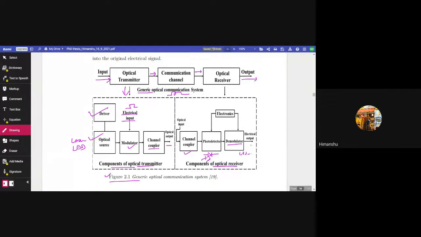Also, the accuracy of the decision circuit depends on the signal to noise ratio of the electrical signal generated at a photodetector. That's why an electronic part is attached to the photodetector and demodulator in the optical receiver section. After that, at the final output, we'll get the electrical output.